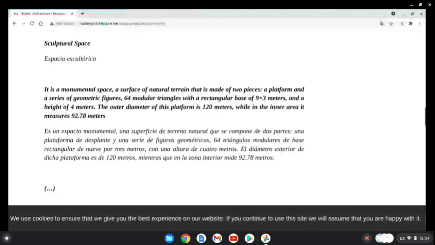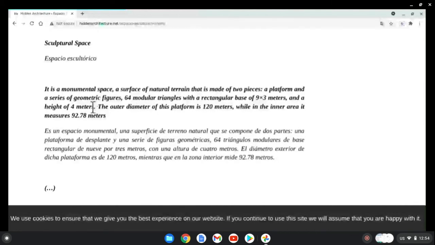Okay, it's a monumental space, surface, and natural terrain that is made of two pieces. Platform and a series of geometric features, 64 modular triangles with rectangular base. In a height of 4 meters, the outer diameter of the platform is 120 meters, while the inner area measures 92.78. All these numbers mean a lot.